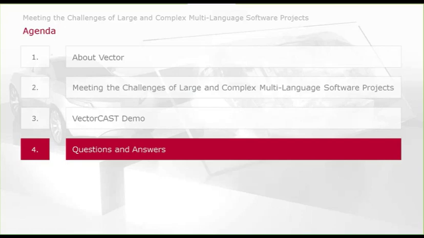So AdaCore's tool for this is called CodePeer. This is an advanced static analysis tool that allows developers to detect potential runtime errors that can be exploited in the cybersecurity context. Here's an example.